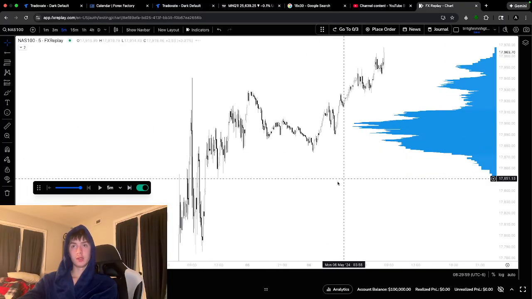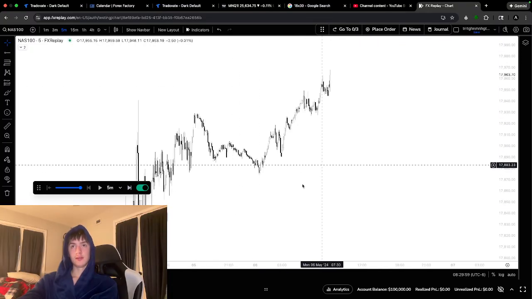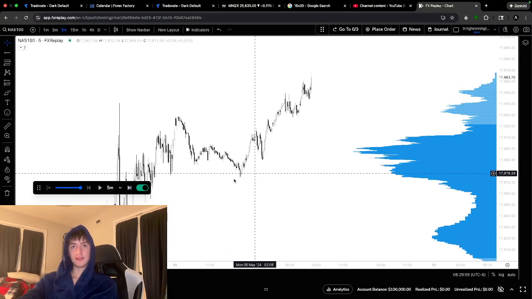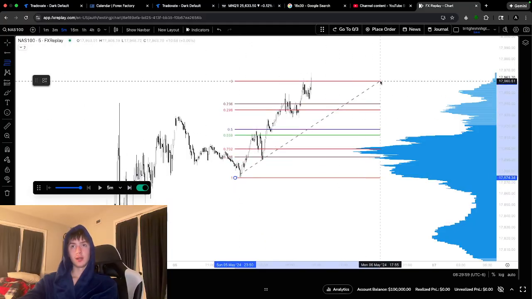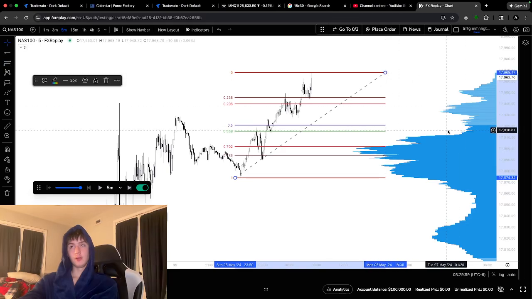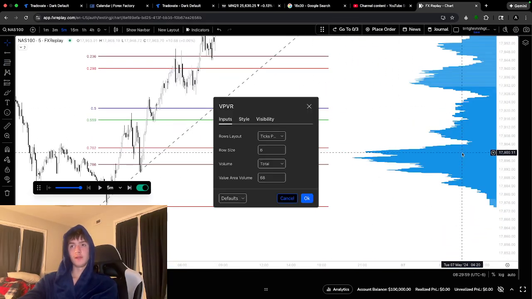Okay. So for this, the fib tool will be at this low right here. I see a low volume node right here. By the way, this is a volume profile. Here are the settings.